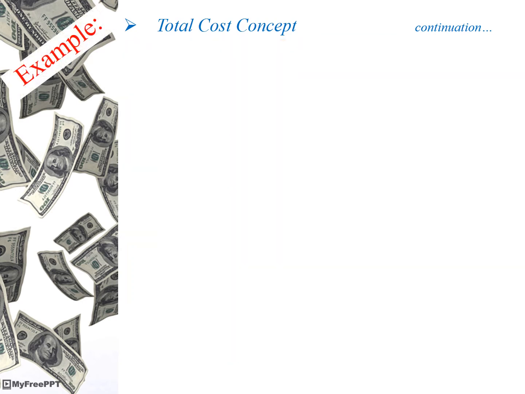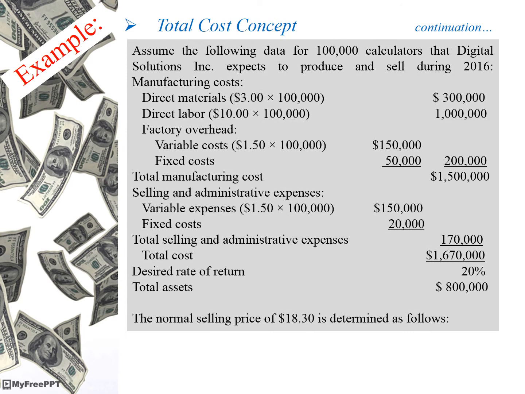Example. Let us assume that the data below are for the production of 100,000 calculators of Digital Solutions that are expected to be produced and sold during 2016. The normal selling price of $18.30 is determined as follows.